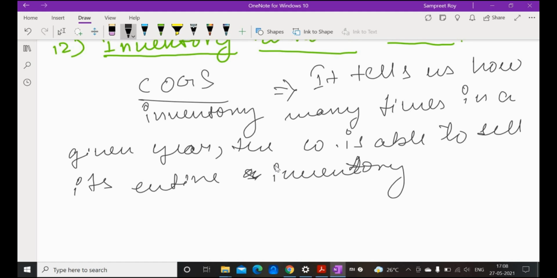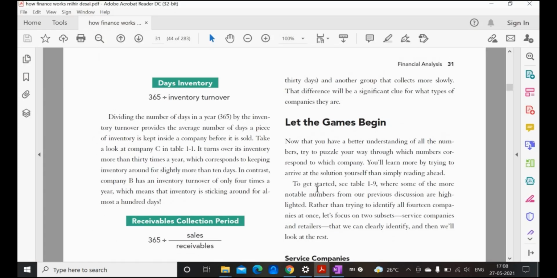Just like I gave the example of BlackBerry, where $100 worth of inventories were worth zero in no time. These types of things keep happening in finance. That is why this ratio is important, right?